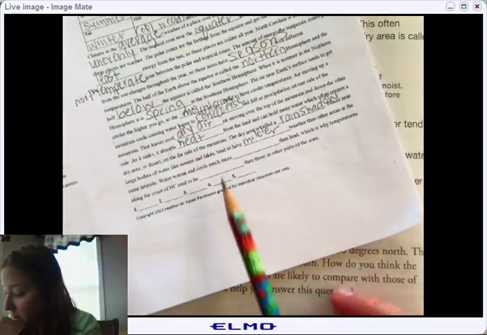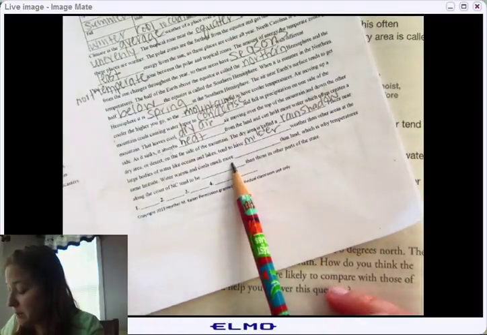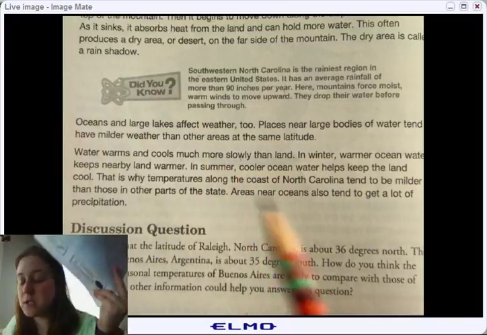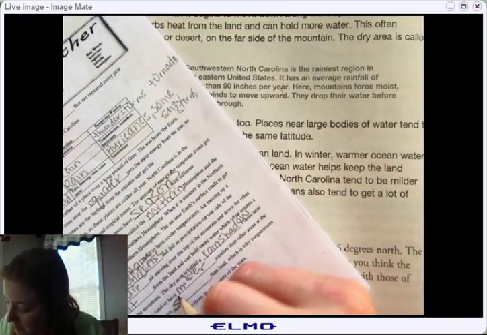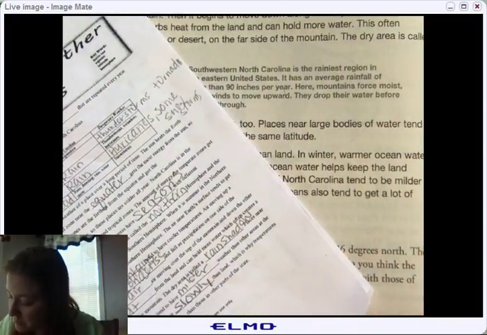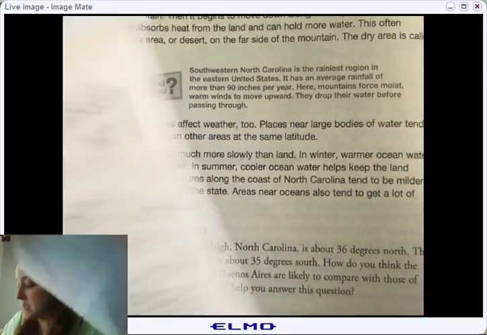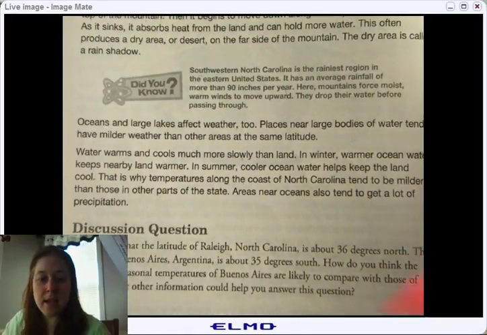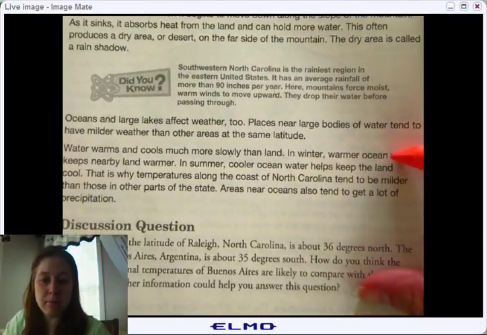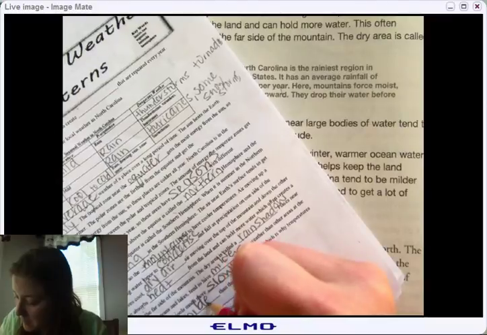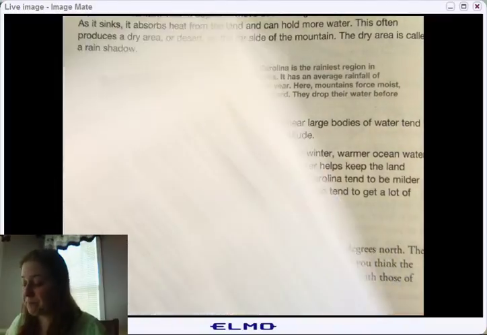Water cools much more slowly than land, which is why temperatures along the coast of North Carolina tend to be blank than those in other parts of the state. They tend to be, right here, milder than those in other parts of the state.